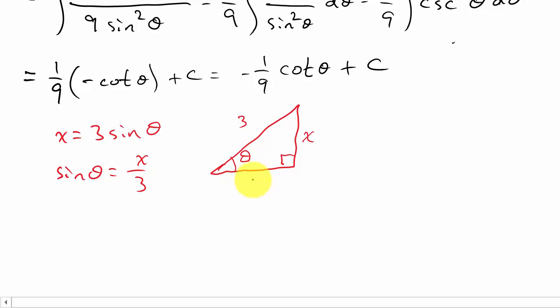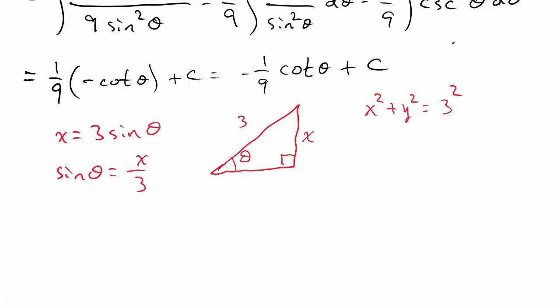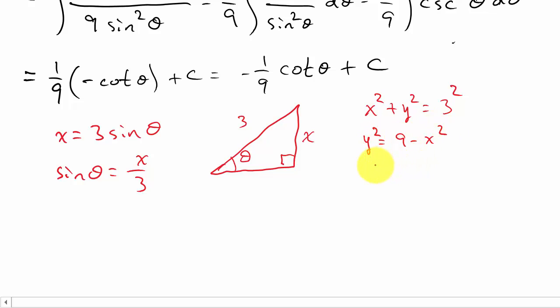Now I need to solve for the length of this side. We'll say this is y. I know that x squared plus y squared equals 3 squared, so y squared is equal to 9 minus x squared, and y is the square root of 9 minus x squared.